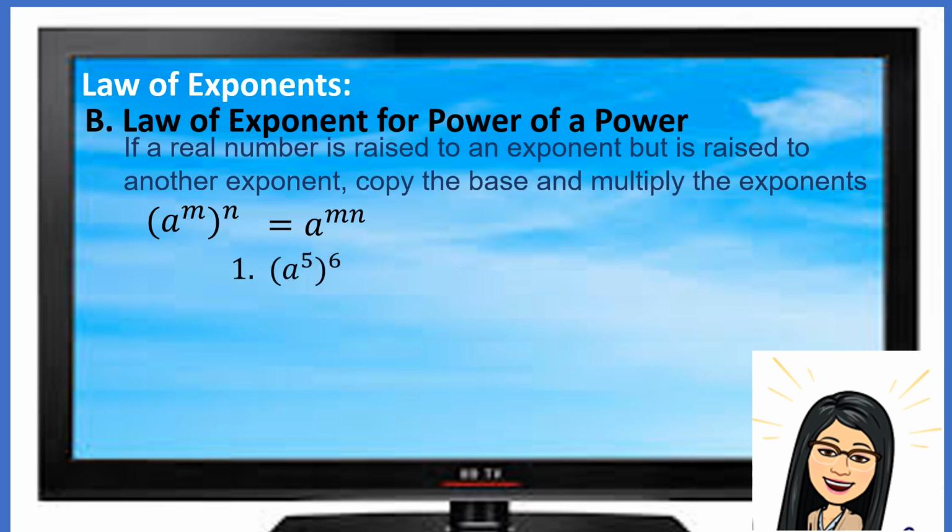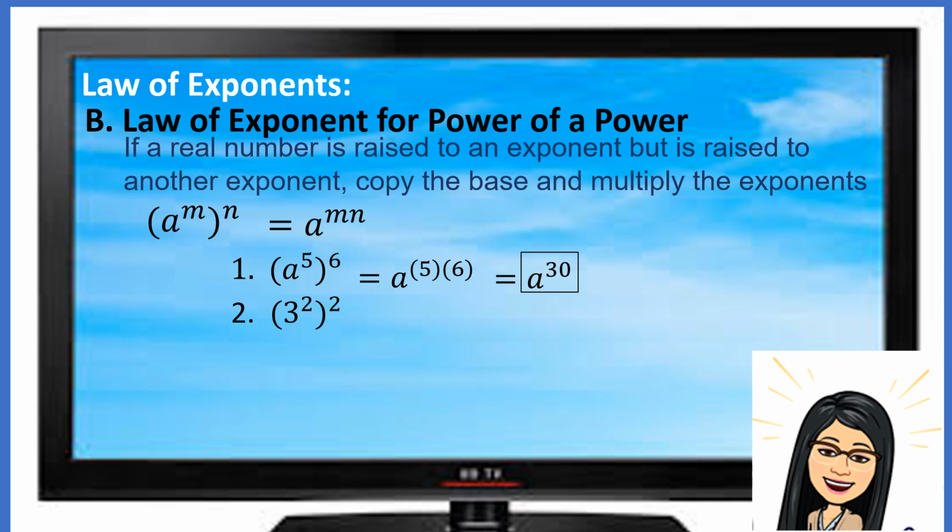If a raised to 5 is raised to 6, this can be simplified by copying the base a raised to the exponents of 5 times 6. So a is raised to 30. This is our answer. Another one is 3 squared is squared.